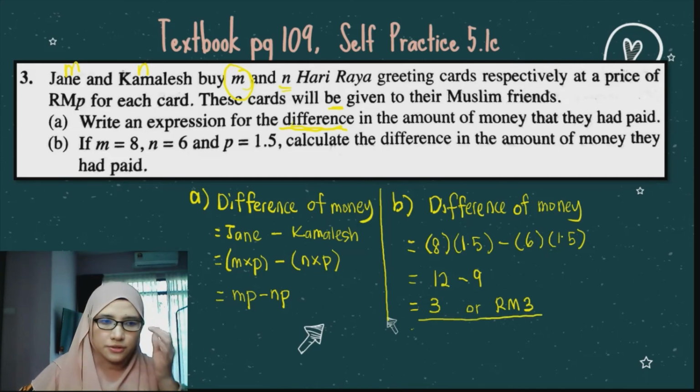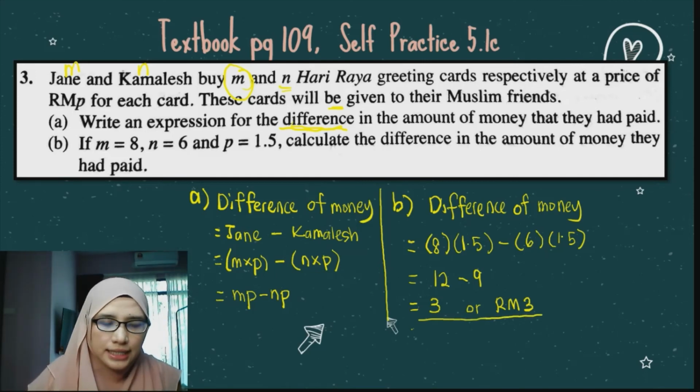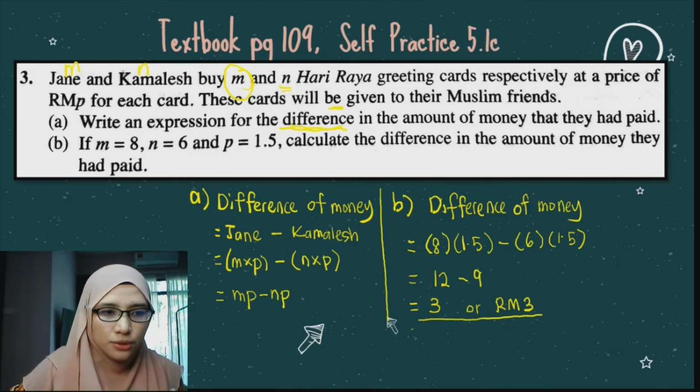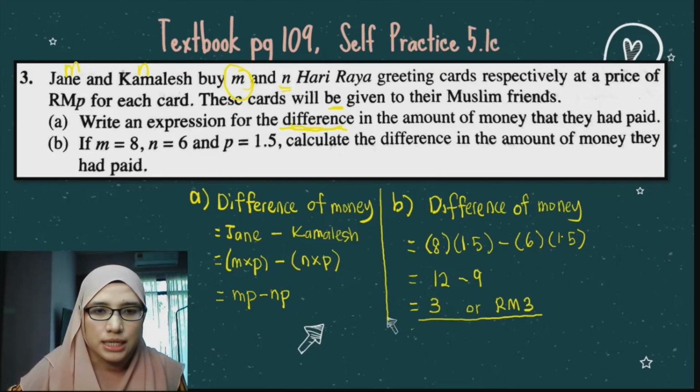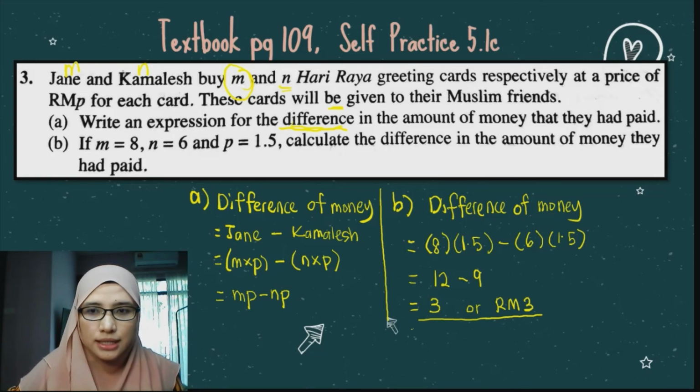That's the difference of money. Let's say you are doing Kamalesh minus Jane. Let's say you are still confused which to subtract from which. If you do Kamalesh minus Jane and you get negative numbers, you need to remember, here we are calculating amount of money.